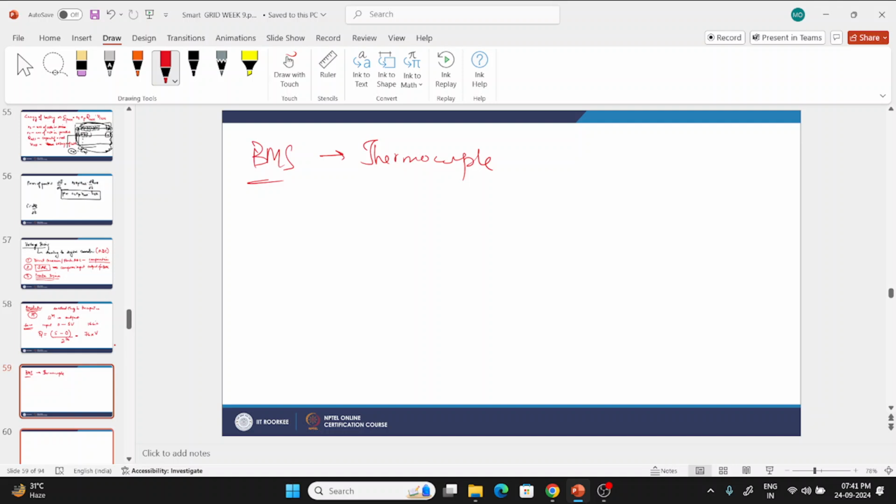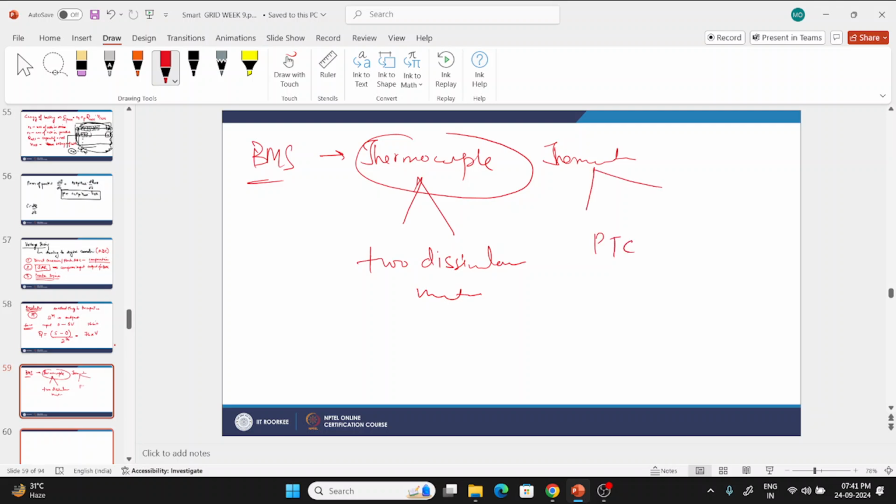It also senses and monitors the temperature. तो यहाँ टेम्परेचर के लिए थर्मोकपल या थर्मिस्टर्स यूज किए जा सकते हैं। थर्मोकपल डिसिमिलर मेटल्स से बना होता है। Thermistors are of two types, PTC and NTC. NTC is negative temperature coefficient and PTC is positive temperature coefficient.